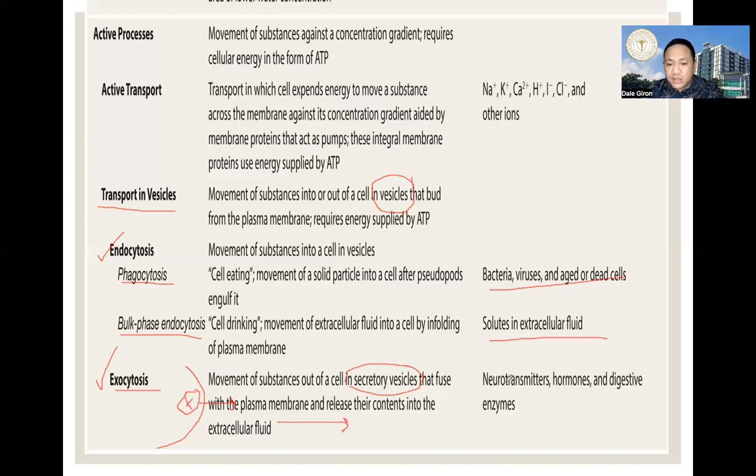Examples are neurotransmitters, hormones, digestive enzymes. So these substances or molecules, once they're released into the circulation through blood, will go to their target organs and perform their function. And that is what we call exocytosis, from inside to outside.